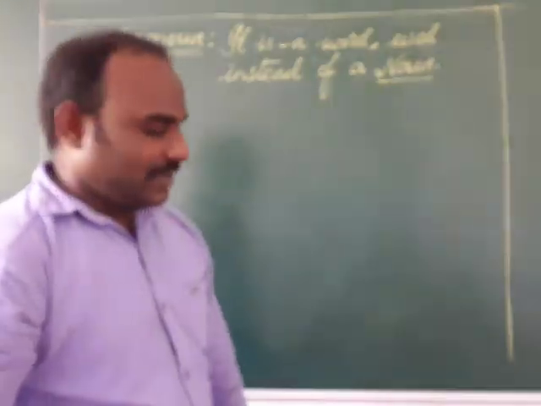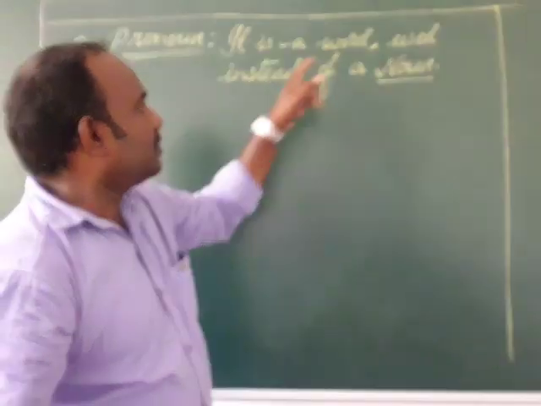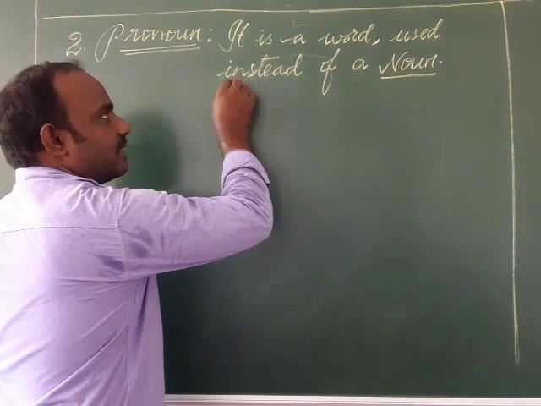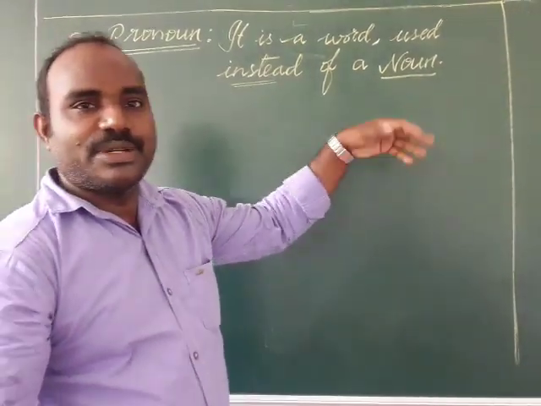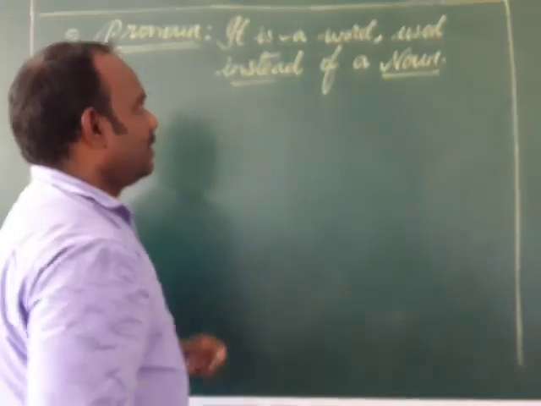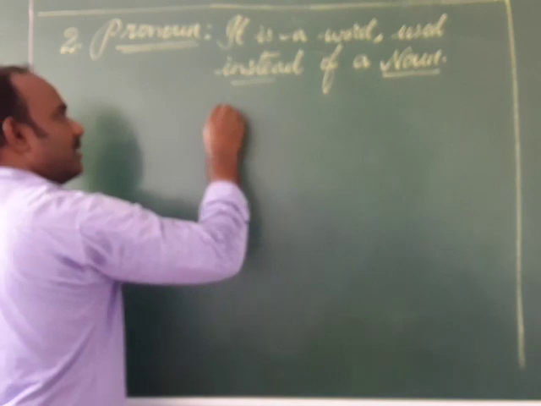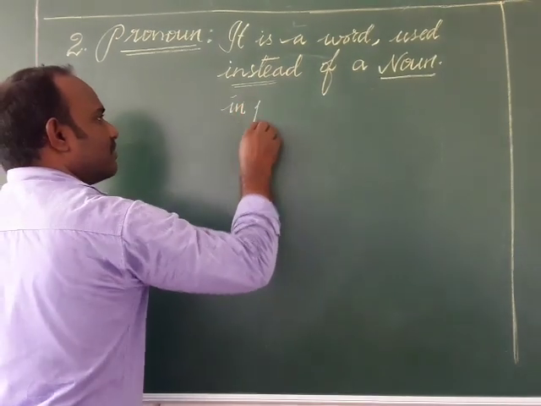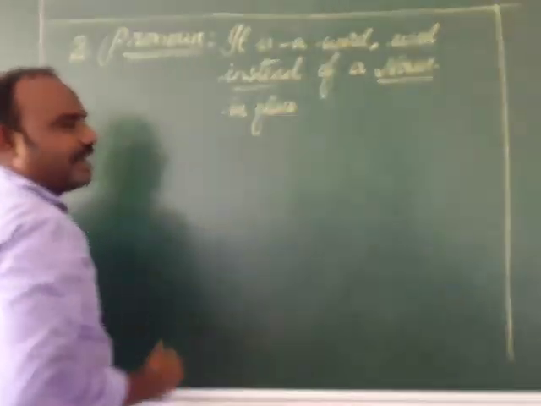Right? Pronoun is a word, one of the 8 parts of speech, used instead of a noun. Instead of a noun means instead of a name. Instead of or in place of, either we can use.